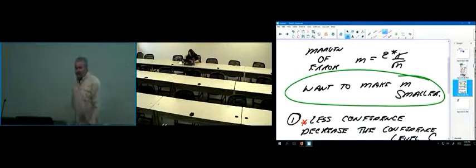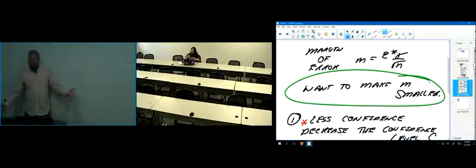You would increase the confidence level. Or you would decrease your sample size, right? It goes both directions. If you want to make them smaller, less confidence, larger sample size. If you want to make margin of error larger for whatever crazy reason, you would decrease the sample size and increase the confidence level, right? I always give it to the students in terms of making the margin of error smaller because that's what I want to do, okay?